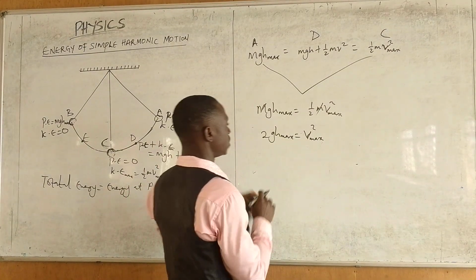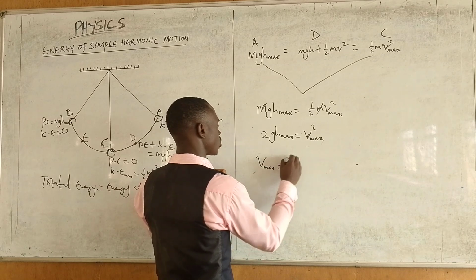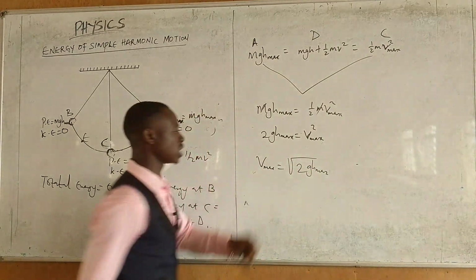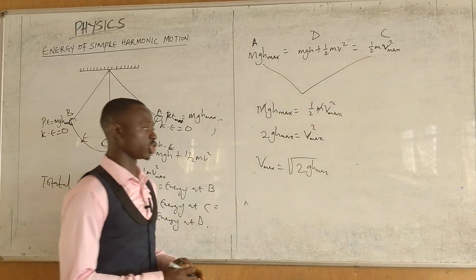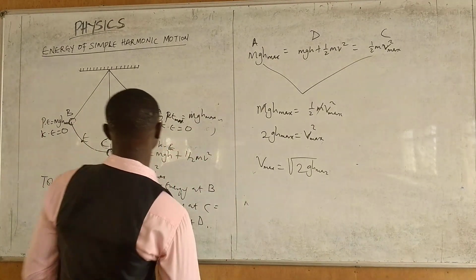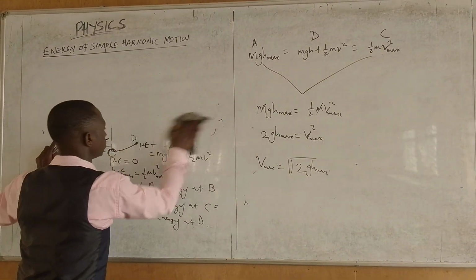And if you make v the subject of the formula, v max will be equal to square root of 2gh max. So this is maximum velocity. This is the relationship between maximum velocity and maximum height. So let me give one example, just one example.